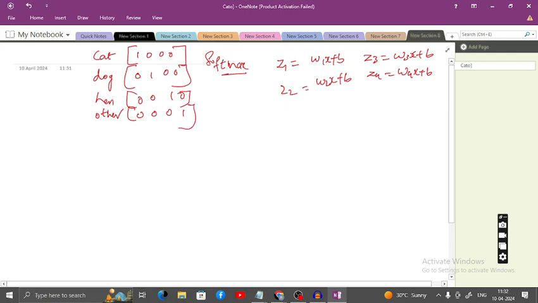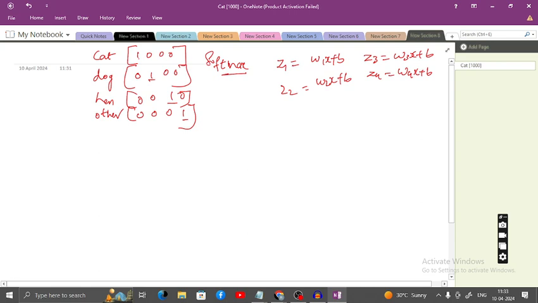On the other side, say cat is plotted in this space. Dog is plotted here, hen is plotted in the third, and others are plotted in the fourth. So here four spaces are there. I am going to add 4 layers in the neural network and get the output.